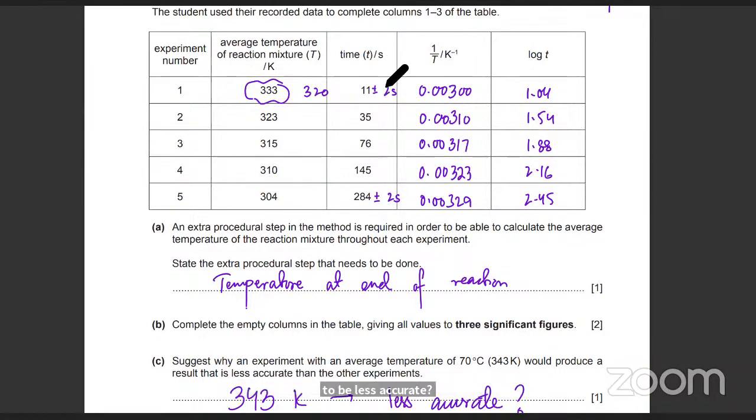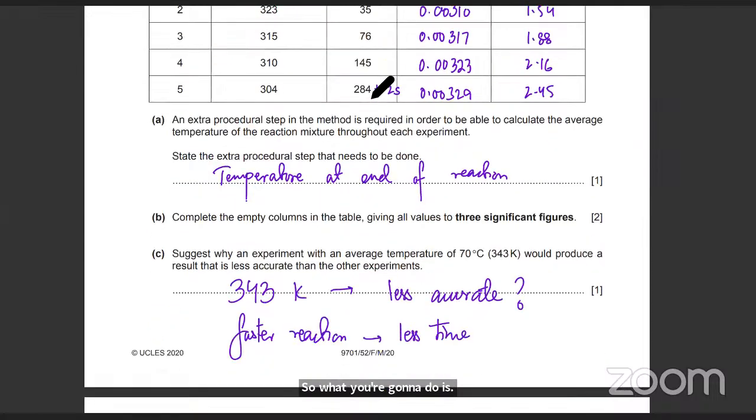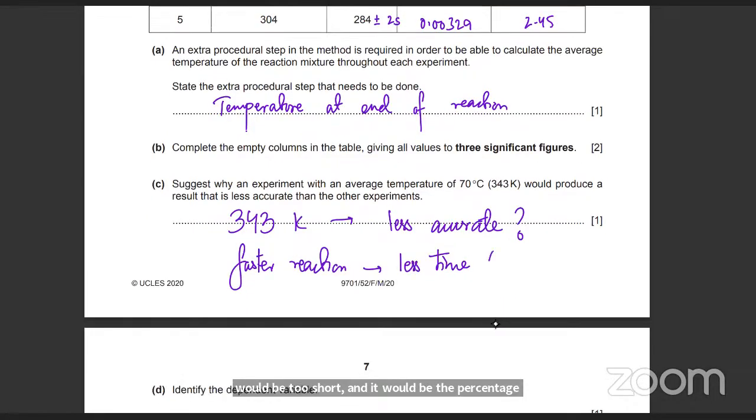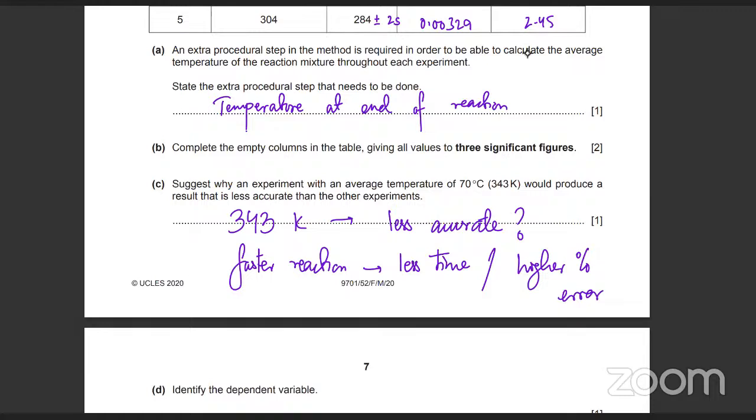If you go to 343, the time might drop to maybe 5 seconds, so the time would be too short and the percentage error would be very high. Okay, is this clear? Clear? Yes, it's clear.